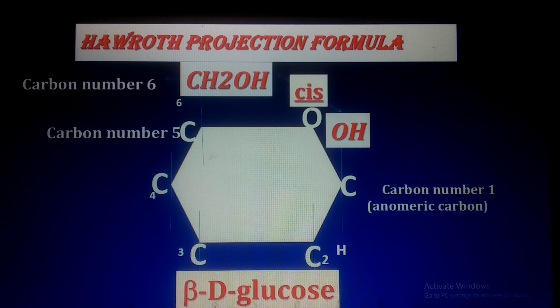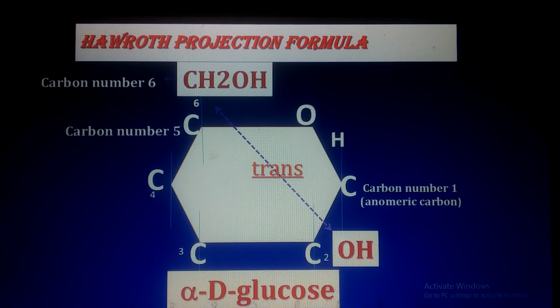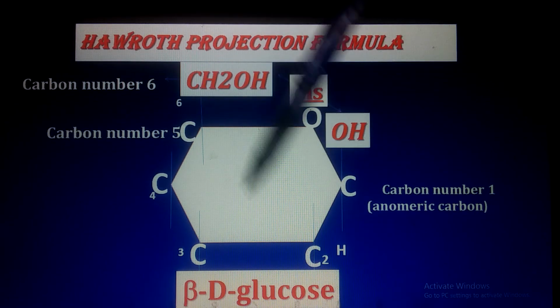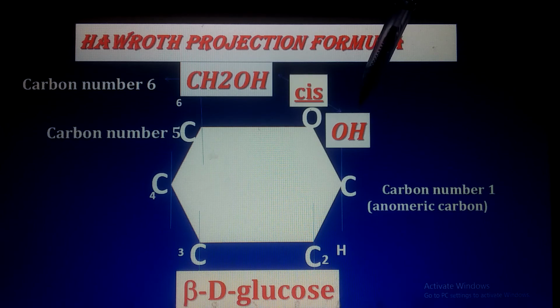and this is alpha. So in beta case, must keep it in your mind. In case of the alpha, it is the trans form of the sugar in which CH2OH and OH group are present on the different side of the molecule. But in case of the beta-D-glucose, what will happen? CH2OH and OH present on the same side.